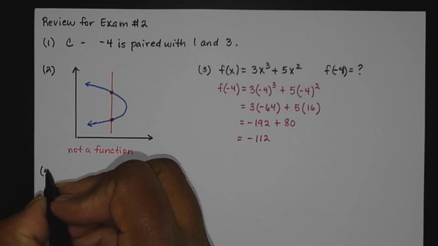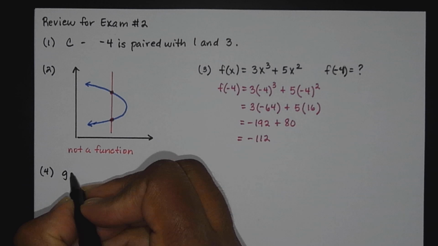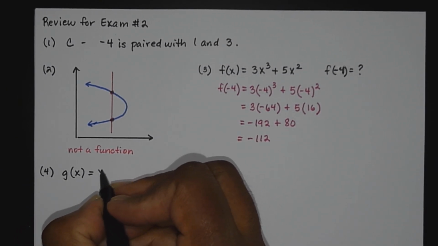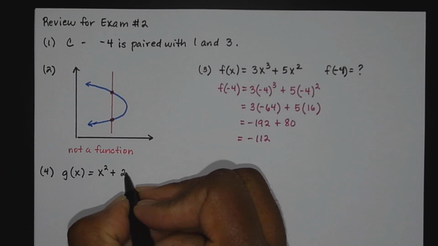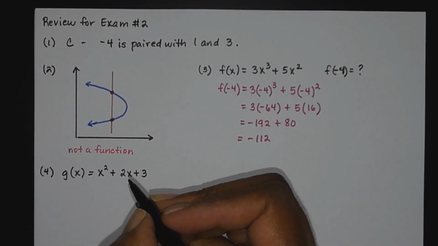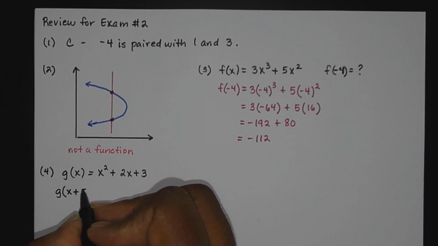All right, number 4. Now this time we've got g of x equal to x squared plus 2x plus 3, and I want to evaluate g of x plus 5.